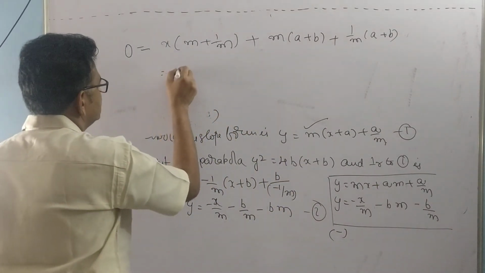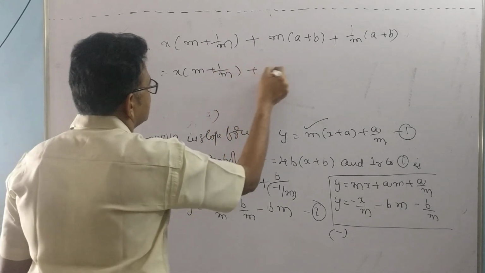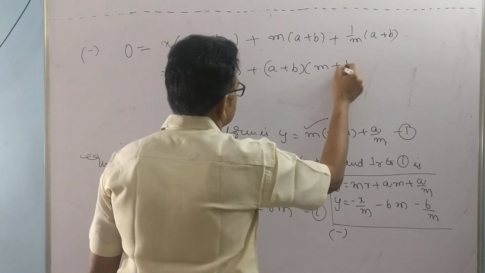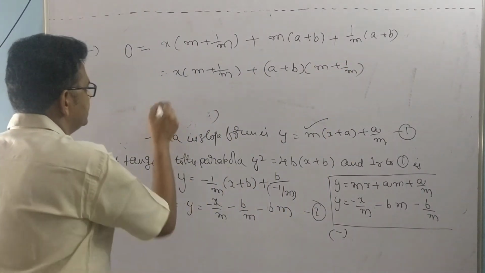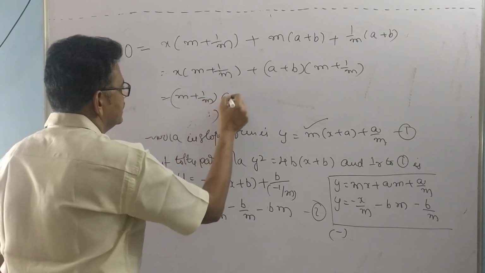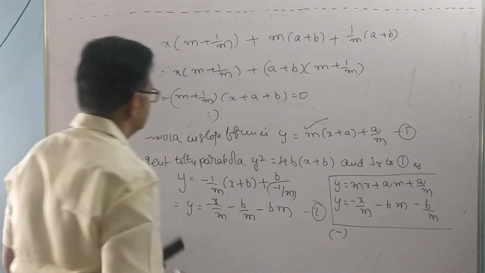So that is x into (m plus 1 by m) plus (a plus b) into (m plus 1 by m). Now m plus 1 by m is common, into (x plus a plus b) is equal to 0.